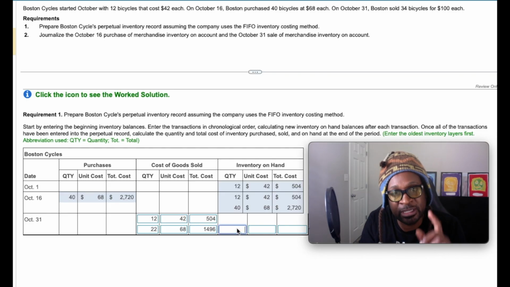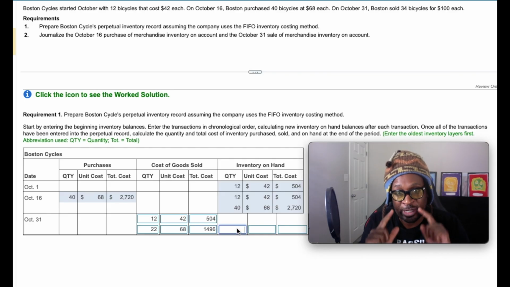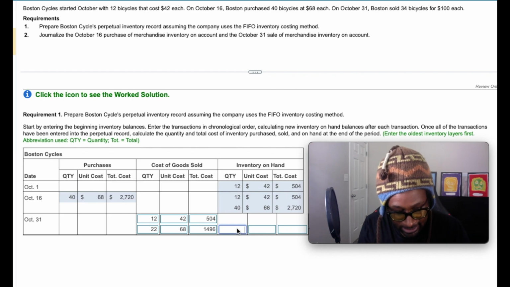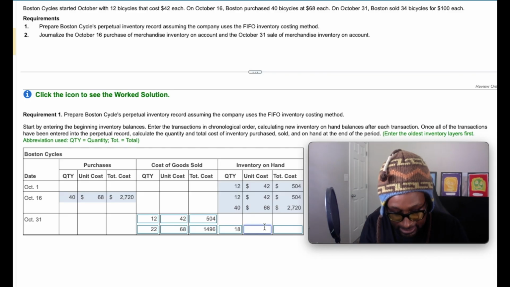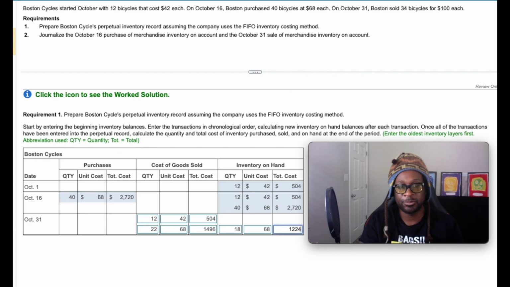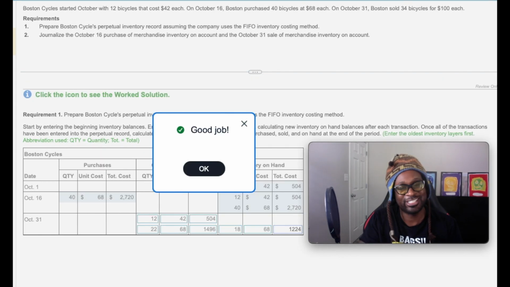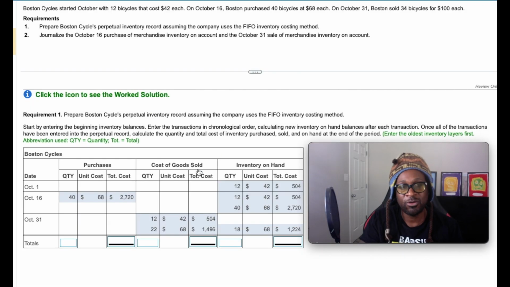So that will be the amount of units we have left on ending inventory, which will be reported on the balance sheet. Those 18 units at a cost of $68. Total cost will give us $1,224. So we're going to check the answer. Good job, gang.